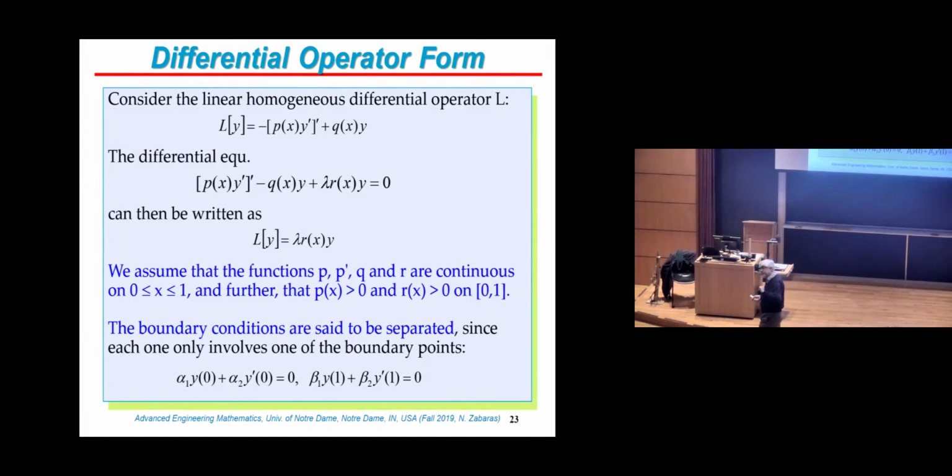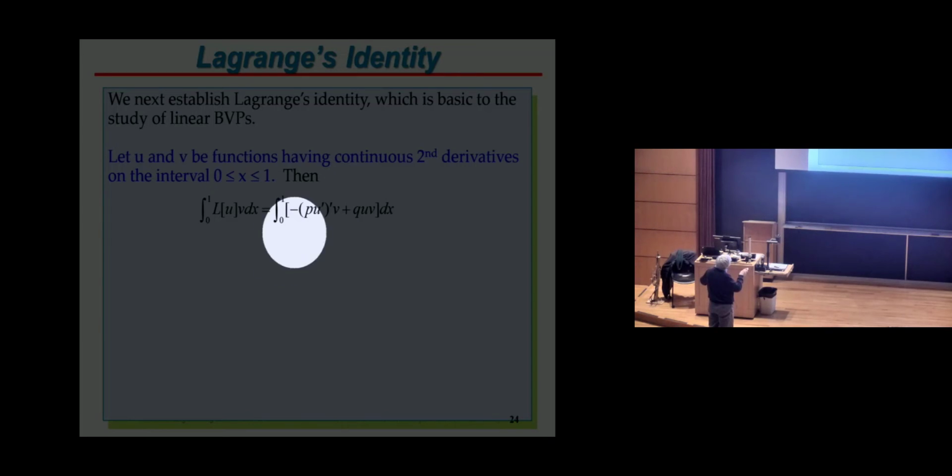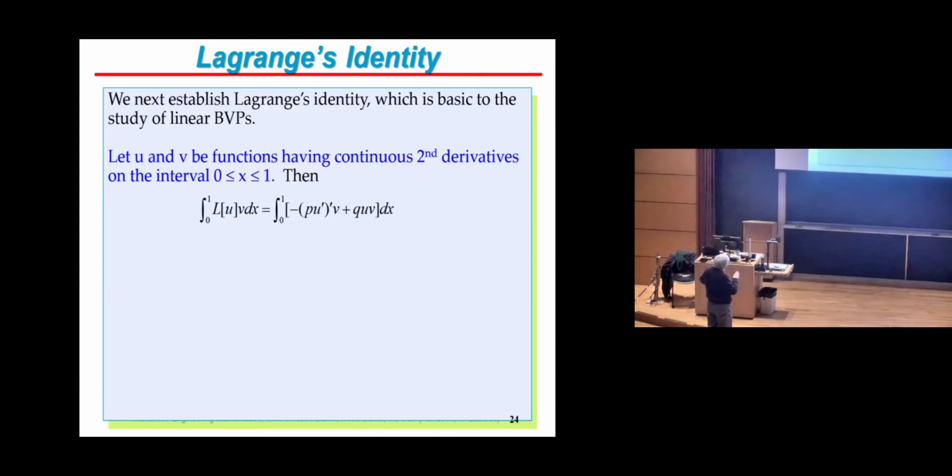Okay? Now, why do this? Because let's see what's going to happen. So I computed this integral L of u times v that looks like this. And you know what I'm going to do is I'm going to take this first term, and I'm going to do integration by parts twice. You remember integration by parts?